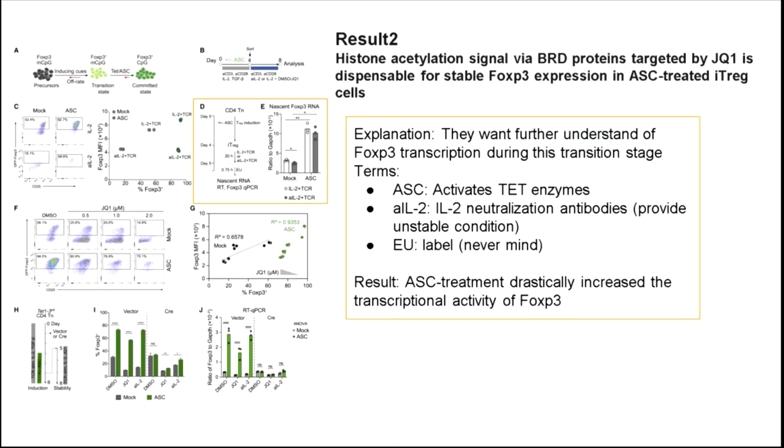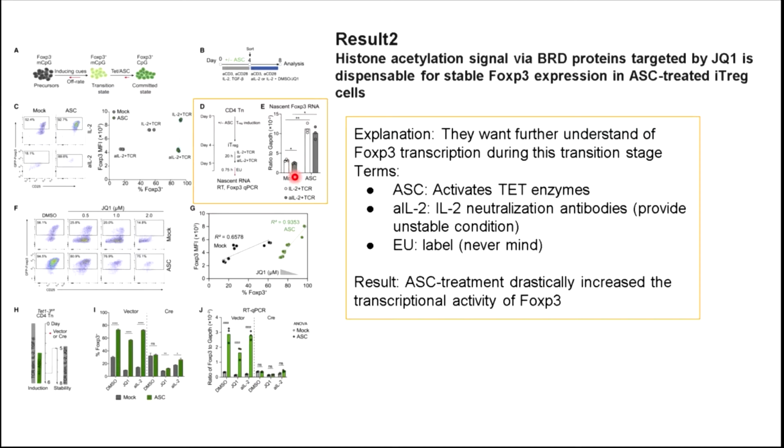To further understand Foxp3 transcription during this transition stage, they compared the transcriptional activity of Foxp3 in mock and ASC-treated iTreg cells with or without IL-2 deprivation. In figure E, in the aIL-2 condition, there was slightly reduced Foxp3 transcription in mock-treated iTreg cells.